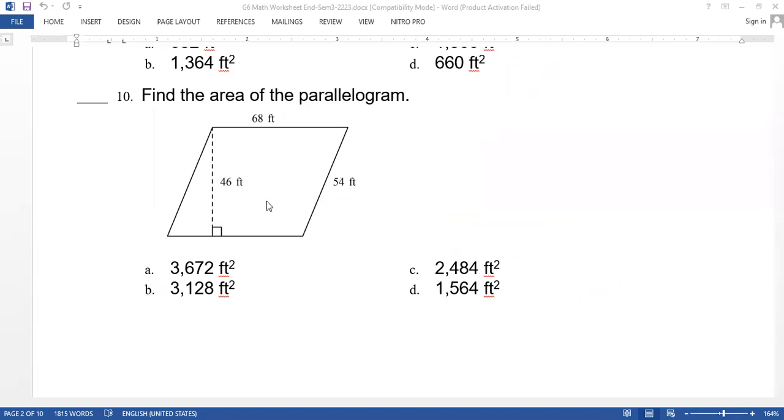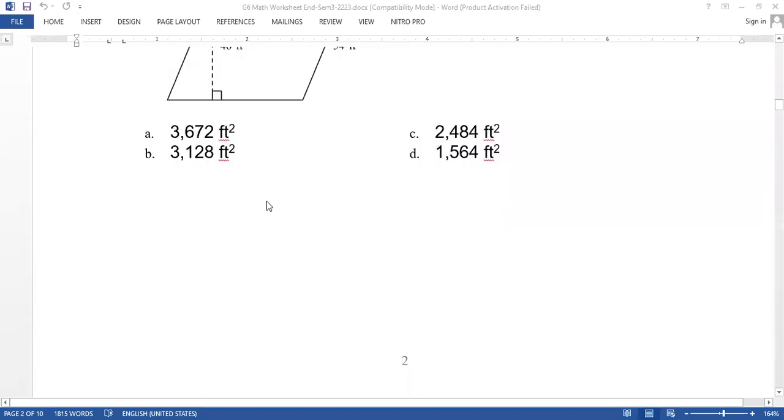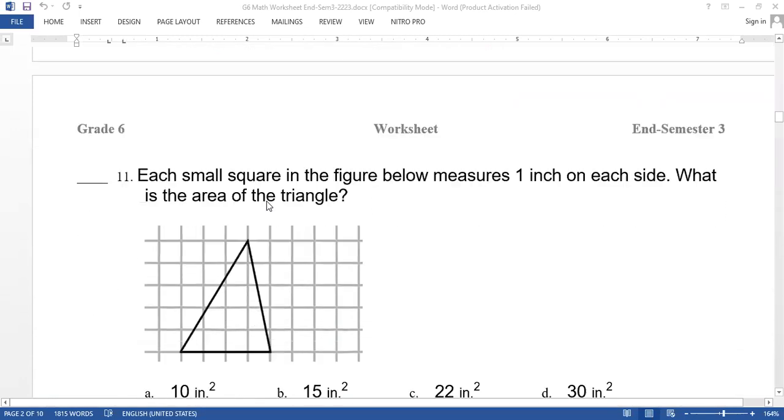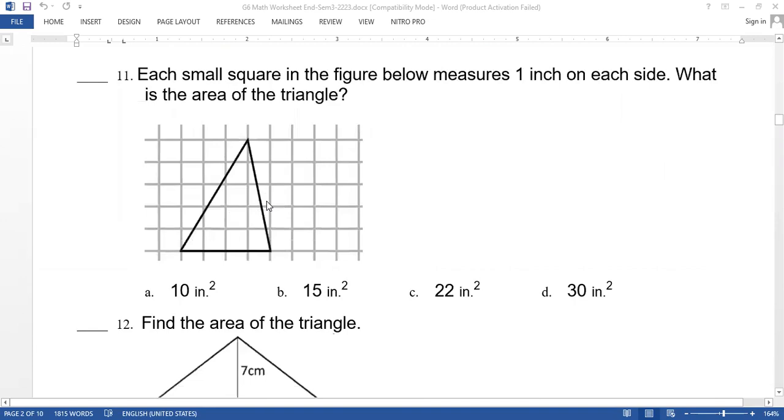Next question. Take care of these questions, because in this question sometimes people are confused about how to find the base and the height. Here, each small square in the figure below measures 1 inch on each side. What is the area of the triangle?